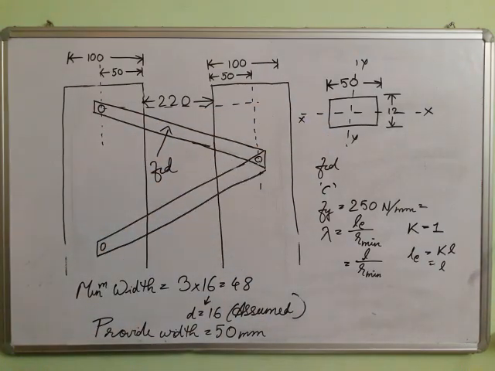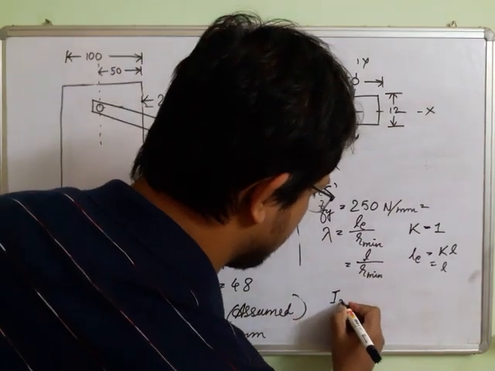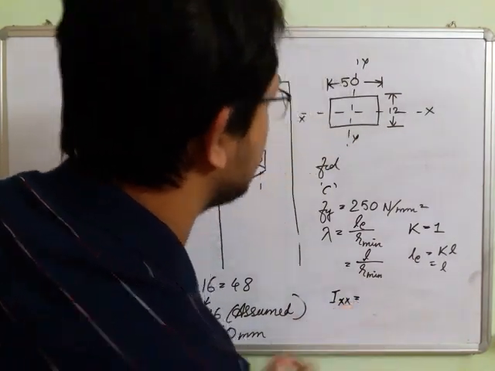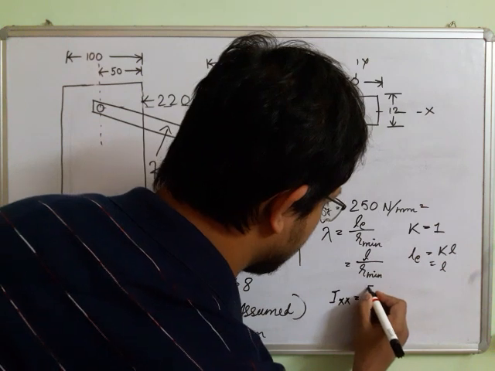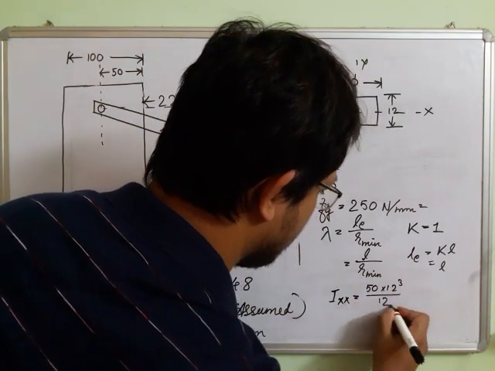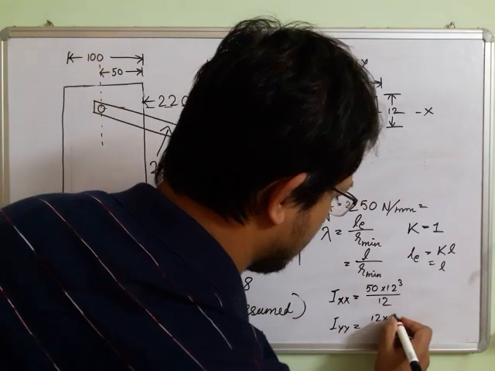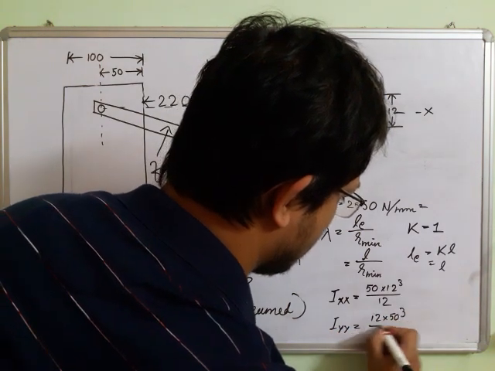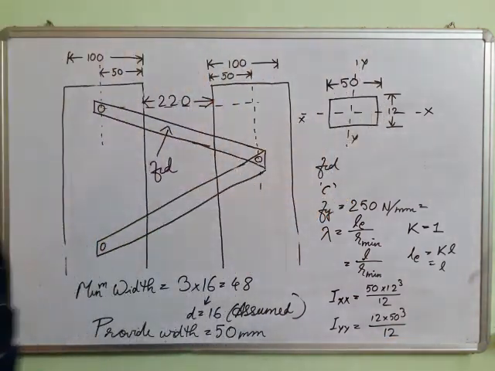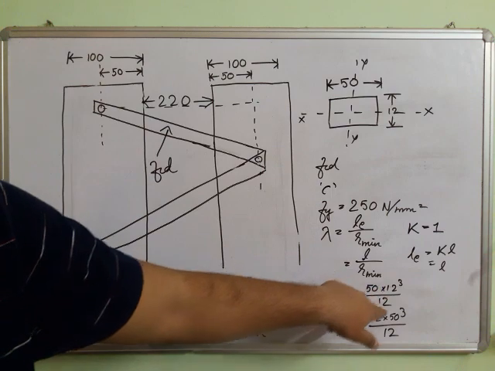It will be how much? Ix will be what? B d cube by 12.